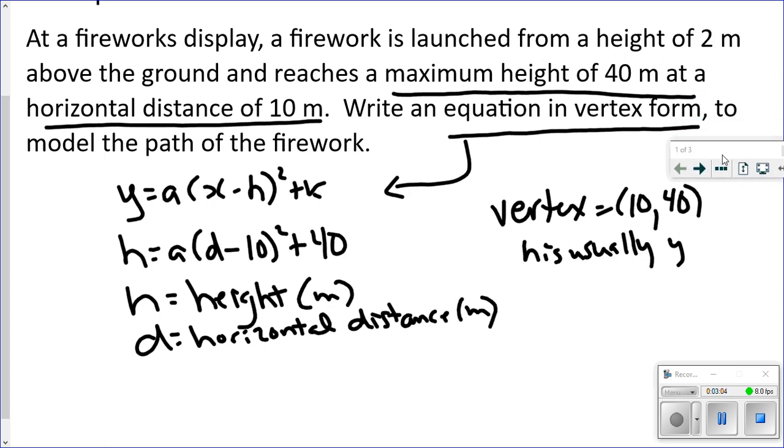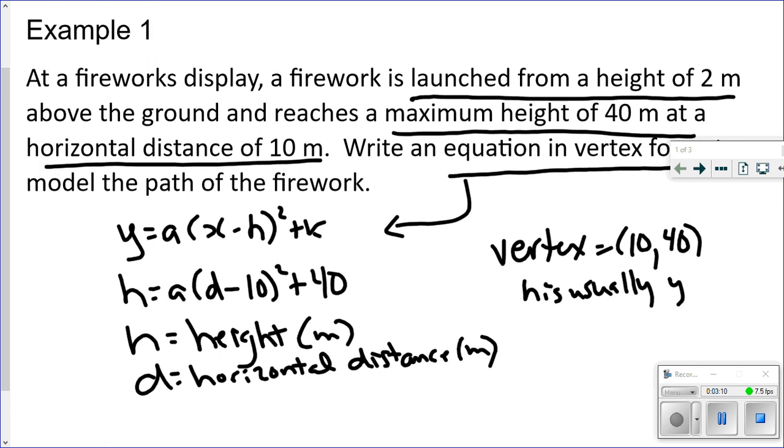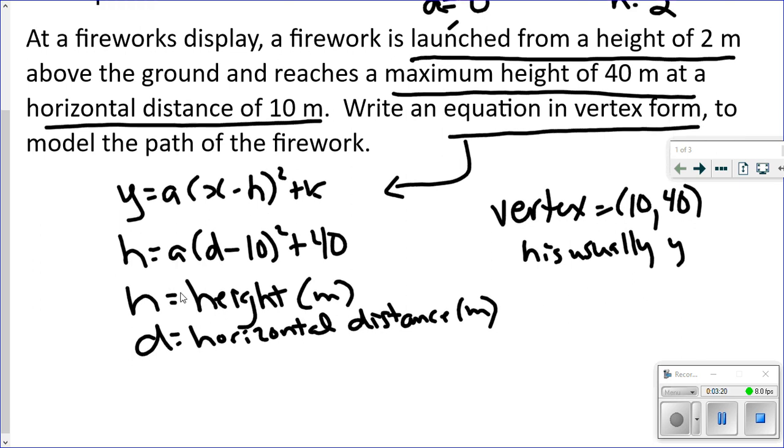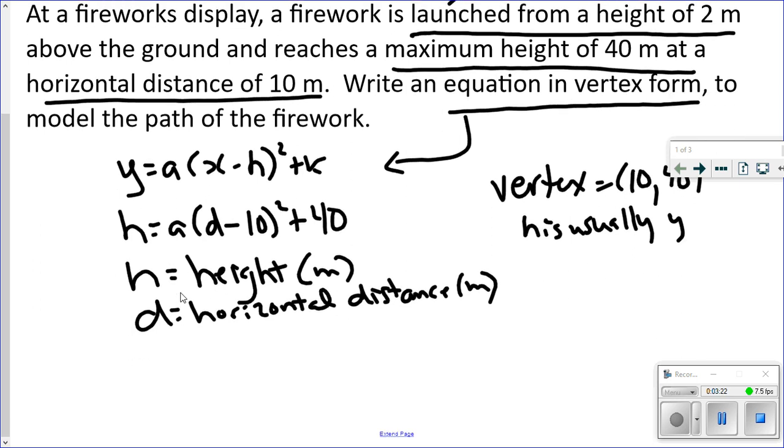And that's where, if we go back to the question, we have a little bit of extra information. So if it's launched initially, then it must be that its distance equals 0 and the height is 2. So we can turn around and substitute that in. Height of 10, height of 2.